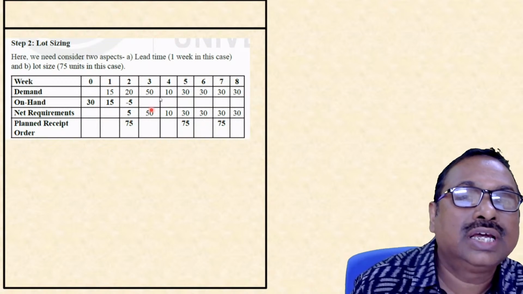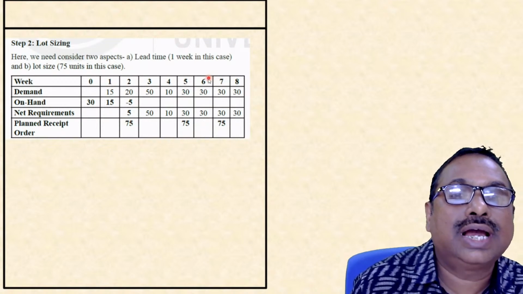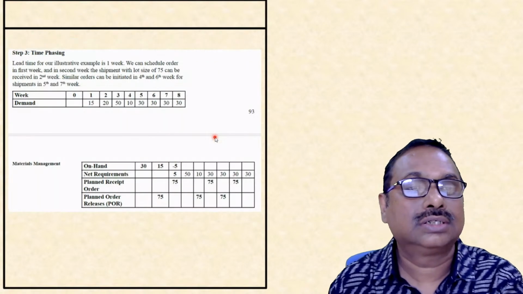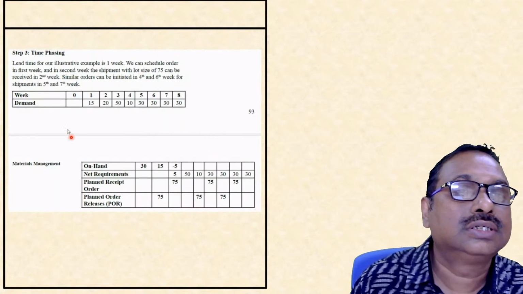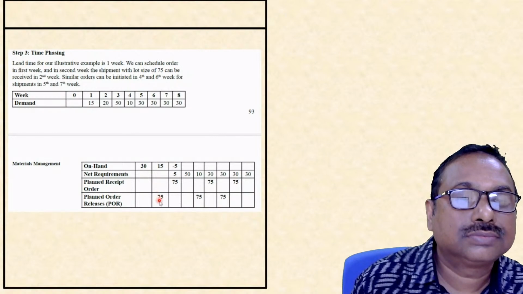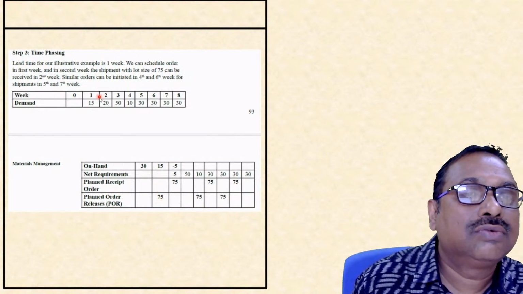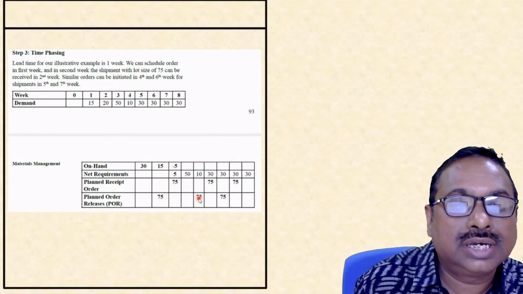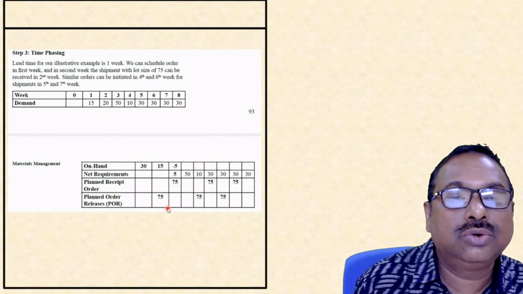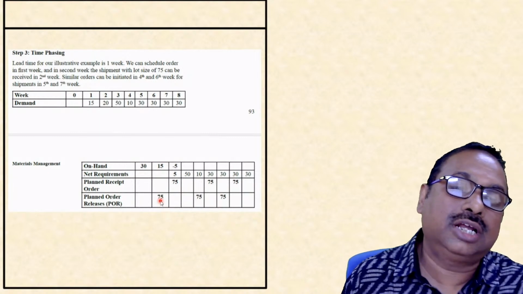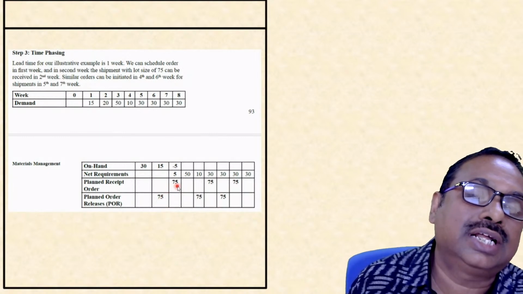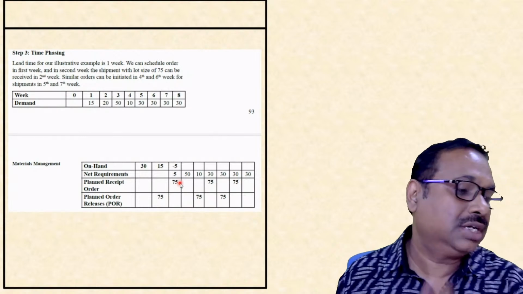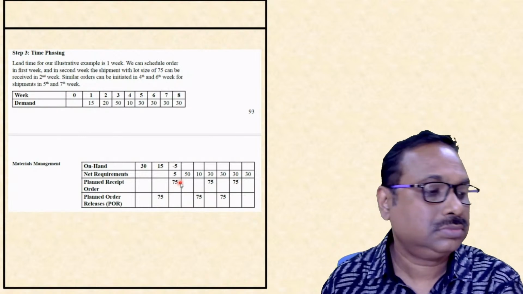So first week, fourth week and sixth week. See this. So this first week, second, third, fourth week and sixth week. Suppose you order here for 75, you receive the materials. So this is the computation part.